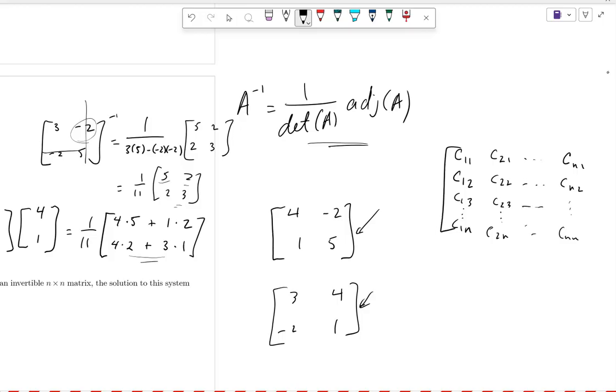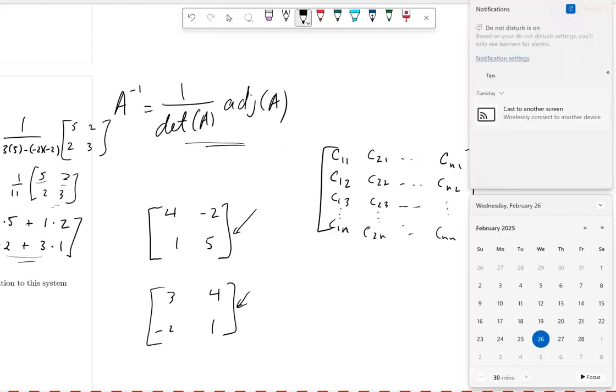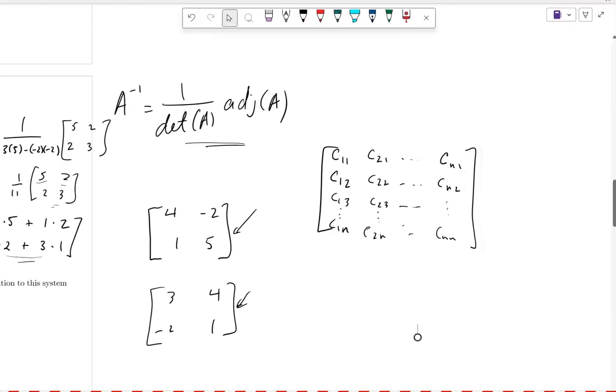We agree? Okay. So what would happen when I multiply this by that constant vector on the right-hand side? I'm not worrying about the 1 over the determinant in the front, by the way. I'm just worrying about what happens when you multiply by the constant vector. Well, it doesn't matter what row you're in. Notice that the row number here on your adjoint actually corresponds to the column of the original, doesn't it? Right? Okay.